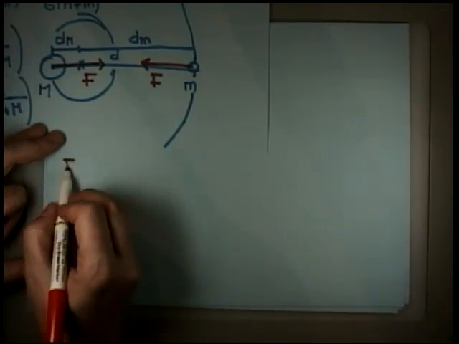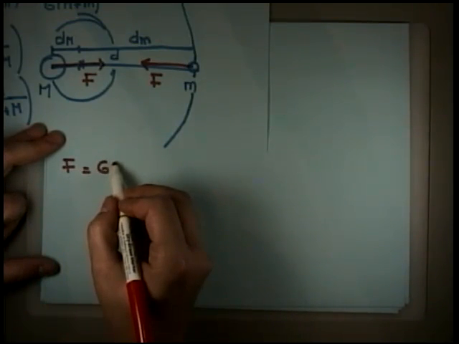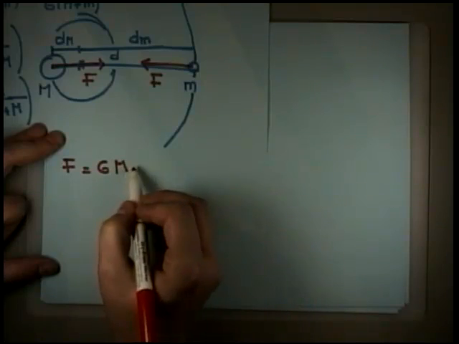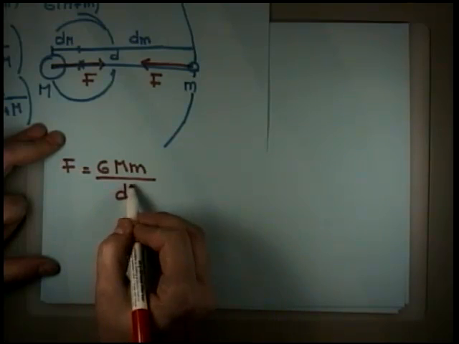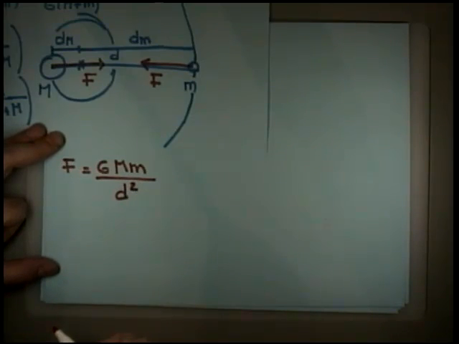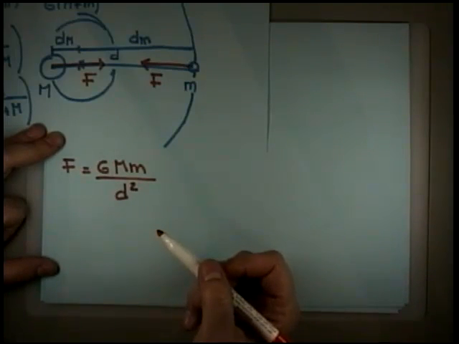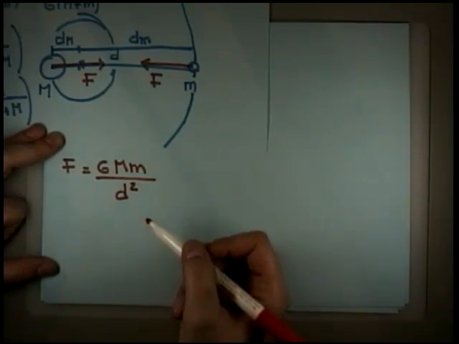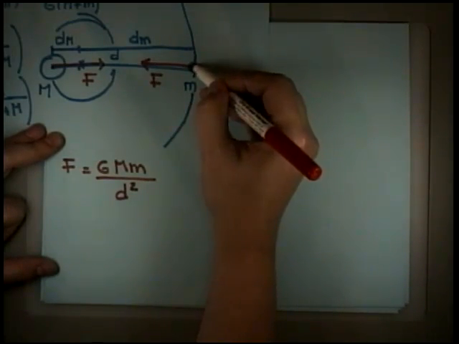The force of attraction depends on the gravitational constant, the product of the masses of the two bodies, and the distance between their centers squared. Now, each one of these objects is orbiting in a circular orbit in this case. So I'll pick one and look at what's happening with it. Let me pick little m.